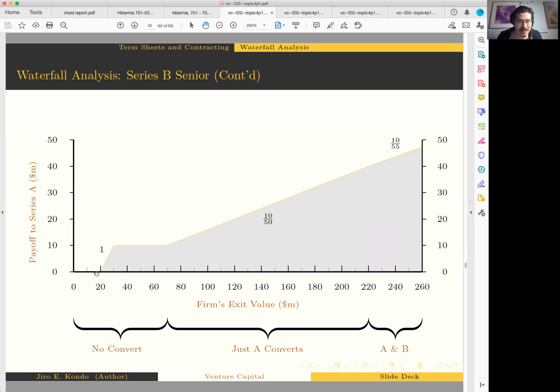Do we agree with that statement? And then A would get nothing from 0 to 20, and then would get every dollar from 20 to 30. And everything else would remain unchanged. It's difficult to see, but I promise there is a kink here. It's just like the slope goes from 1/5 to 1/55. That's a small change. It's tough to see with the naked eye. Are we okay with this so far?